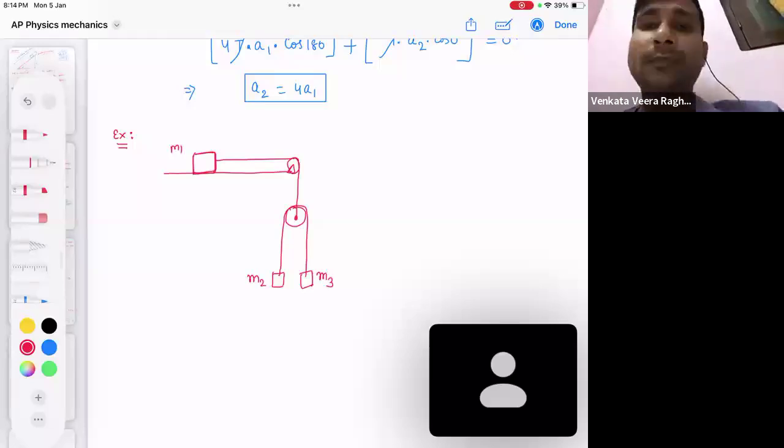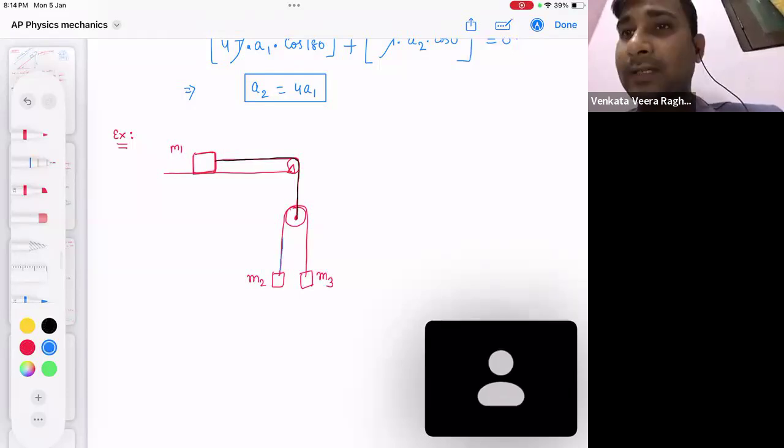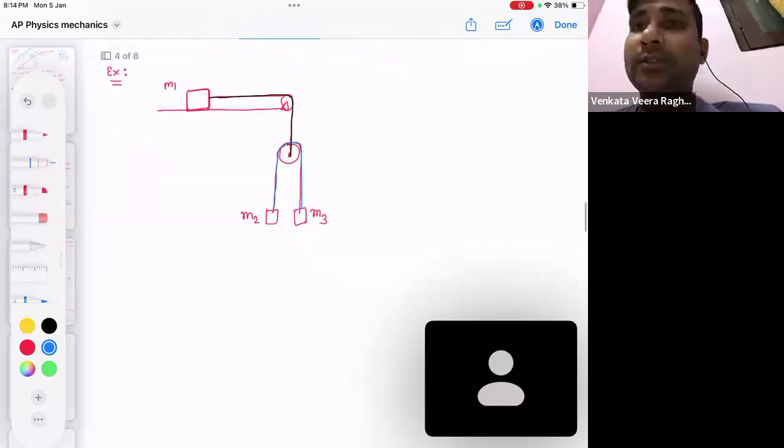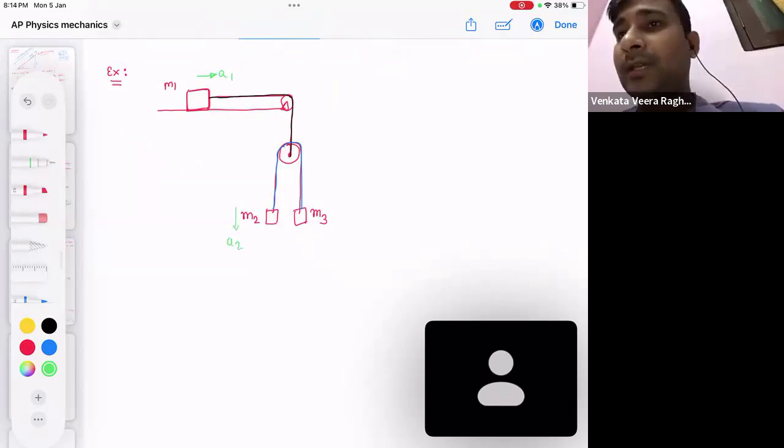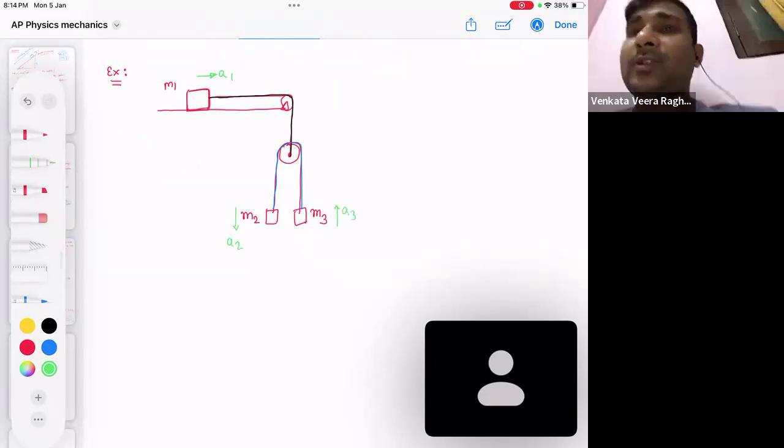If you want to represent it with a different color, represent it like this. This is a single string, the black string. This is a single string, the blue string. I am giving the accelerations of these blocks so that you can write the relation: A1, A2, A3.